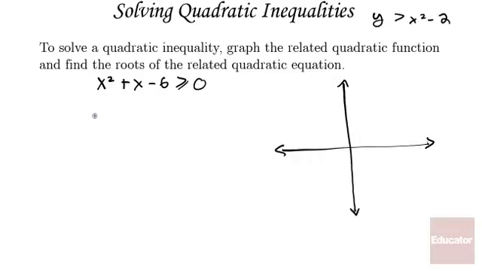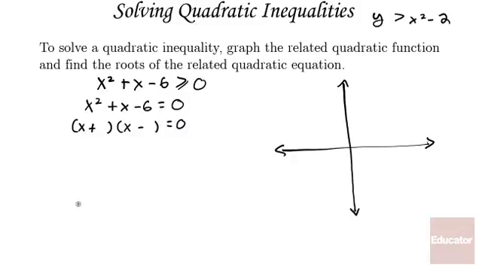So let's write the related quadratic. Let's go ahead and find the roots by writing this as a quadratic equation. And looking at this, as you know, there are many different ways to solve quadratic equations. In this case, factoring would be an easy way. So I can see that I have a negative here, so I have x plus something and x minus something.